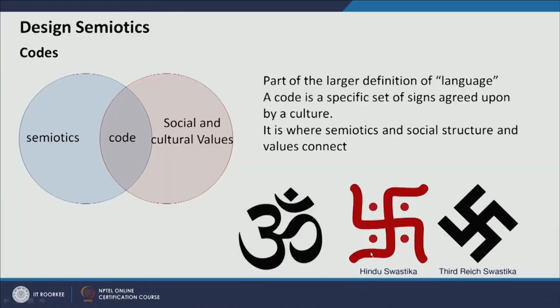For example, if we have this particular icon or sign, to Hindu people it can depict the swastik, and people who have seen Nazi movements can also associate this, if we rotate it by 45 degrees, with a Nazi symbol.